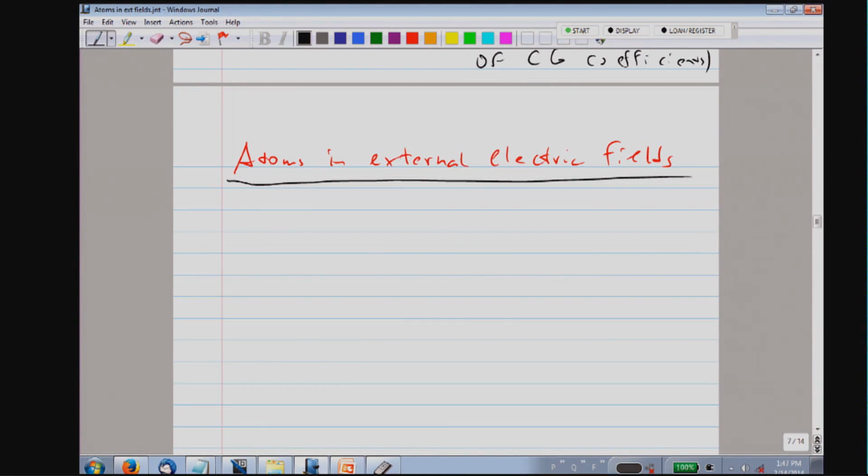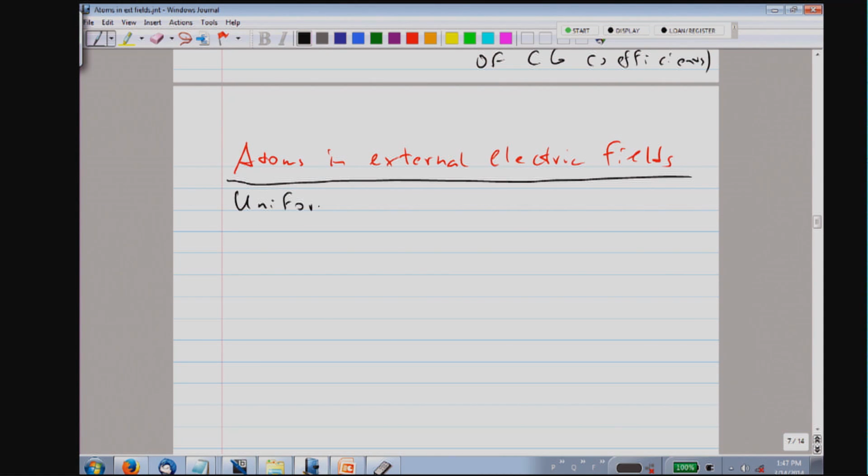Okay, then let's talk about atoms in electric field. We put the atoms in a uniform electric field. Again, we assume that it points in the z direction and its magnitude is epsilon.